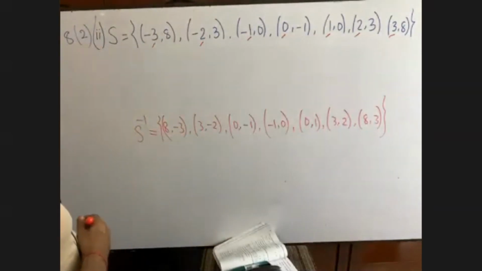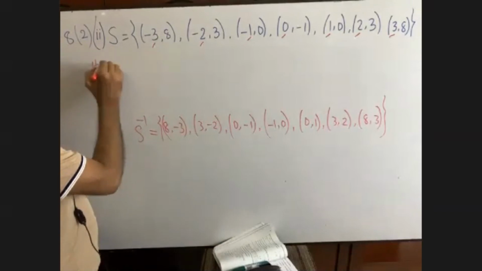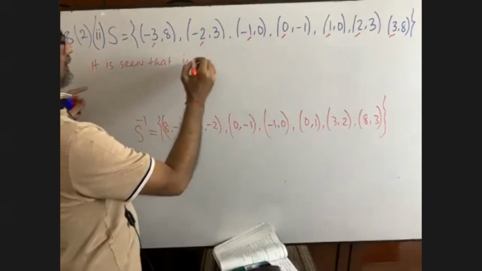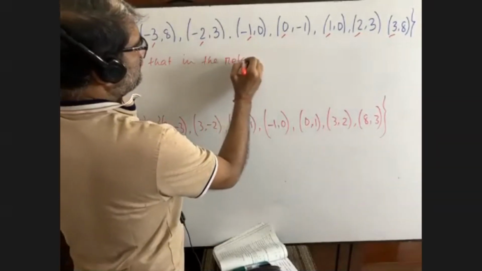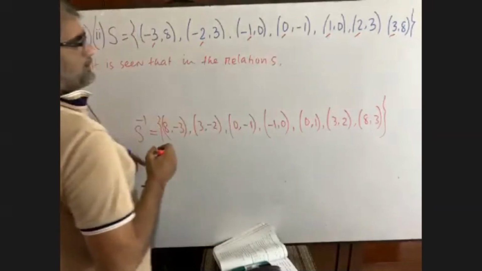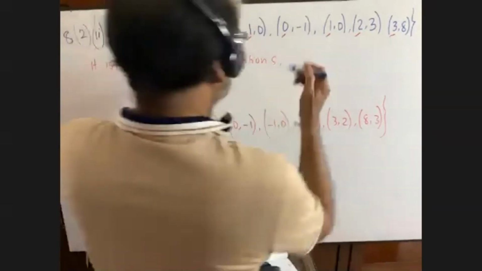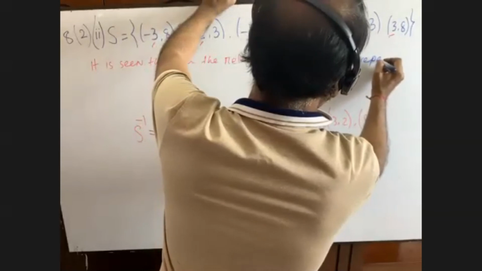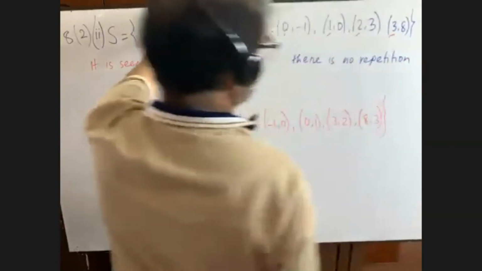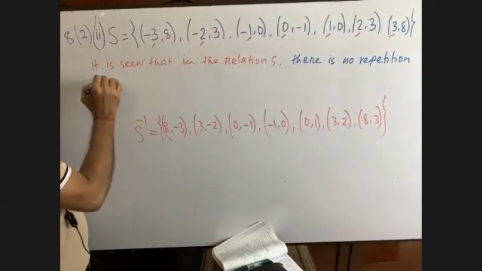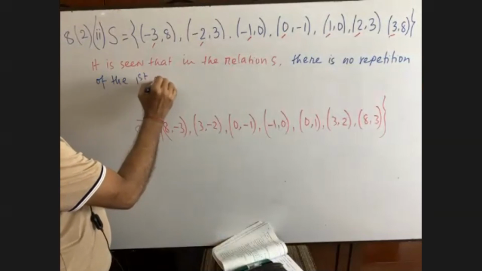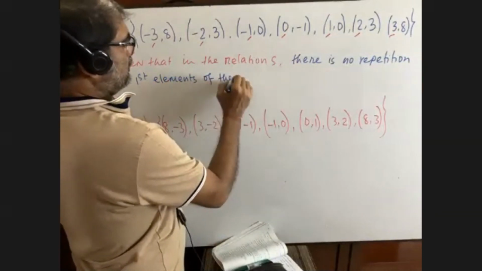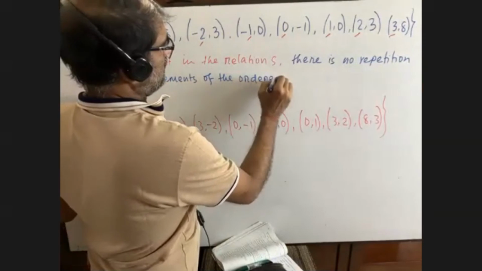You see, the first elements are not repeated. Write down. It is seen that in the relation S, there is no repetition of the first elements of the ordered pairs.